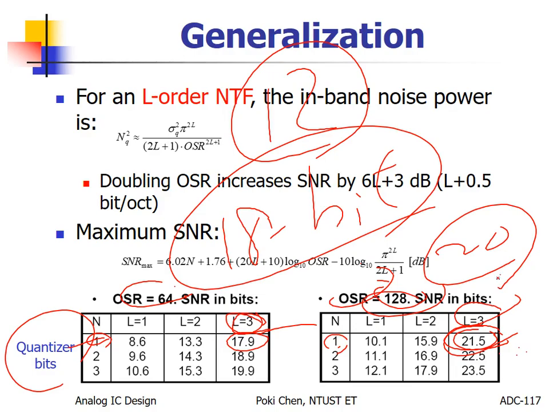Okay? 20 bits for ENOB is some kind of regular requirement for designers in this field. So if you would like to enter sigma delta ADC, please train yourself to be experienced enough to achieve ENOB better than 20. Okay?